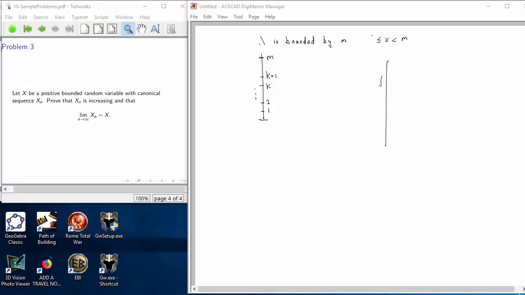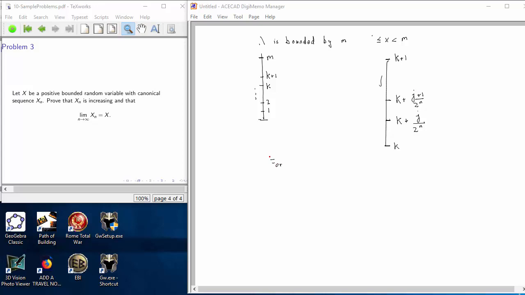In my close-up view, I'm only going to consider the part between k and k plus 1, and I'm going to break that up into 2 to the nth pieces, and here is a representative little piece. It starts at k plus some numerator j over 2 to the n, and it extends up to k plus, you guessed it, j plus 1 over 2 to the n.